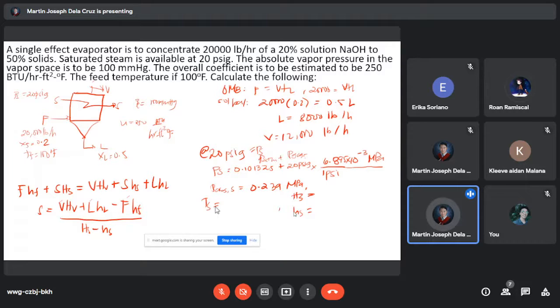Yes, sir. Anong answer mo na? Hindi, dun sa Kelvin. Ay, sa Kelvin, 300. Type mo na lang kung medyo maingay. Sige, type mo na lang dito. Makikita ko naman. Yung Kelvin muna.